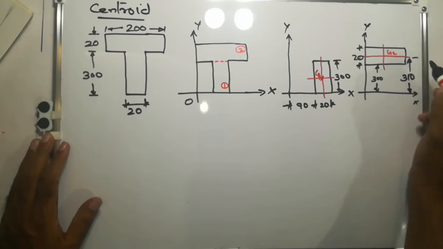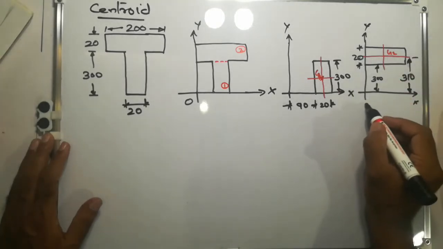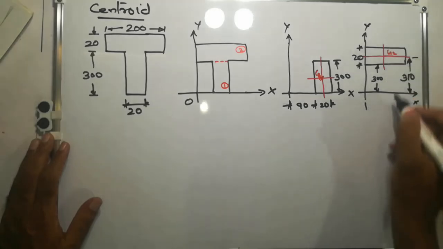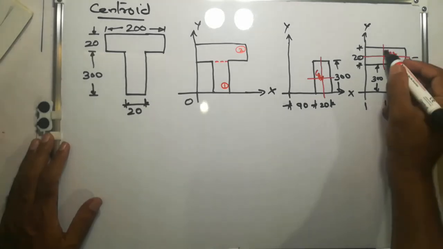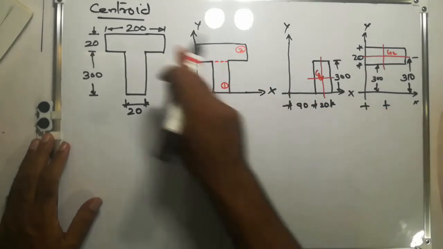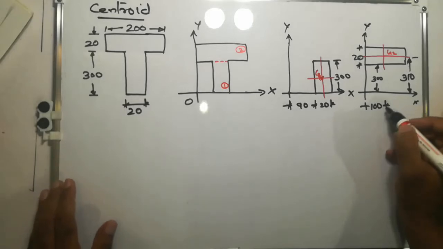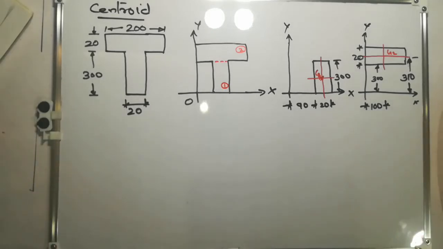That will be the distance of this centroid, and it is easy. This distance will be 200 divided by 2 equal to 100 mm. So these will be the centroids.